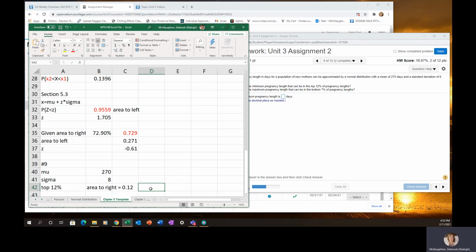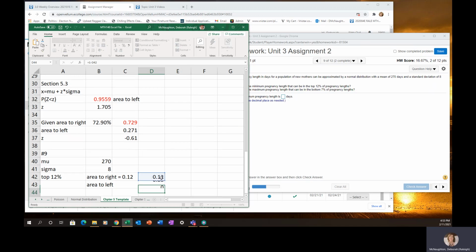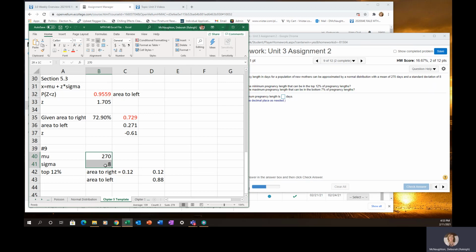So that means I want to find first my area to the left. Remember, the top 12% means the area to the right is 0.12, so let's put that in there. My area to the left is going to be 1 minus 0.12.